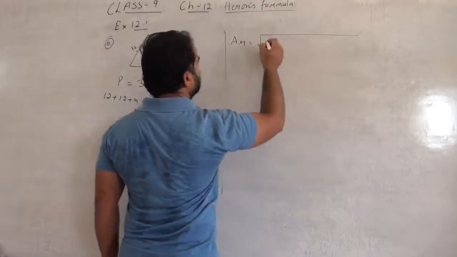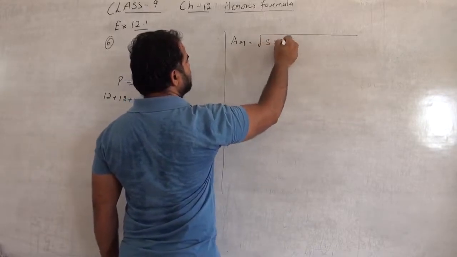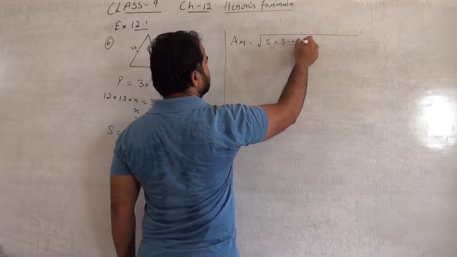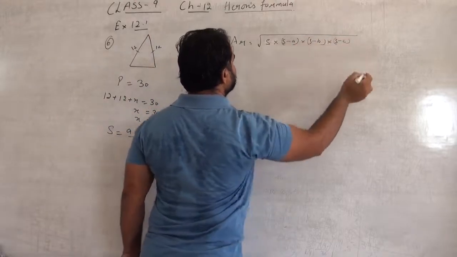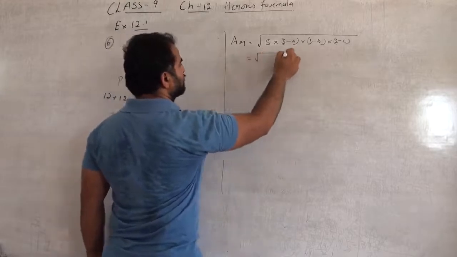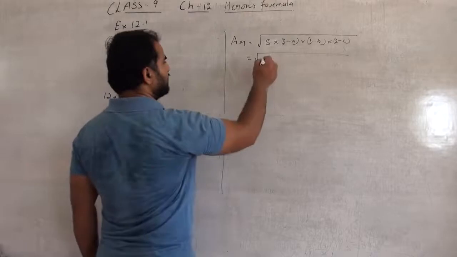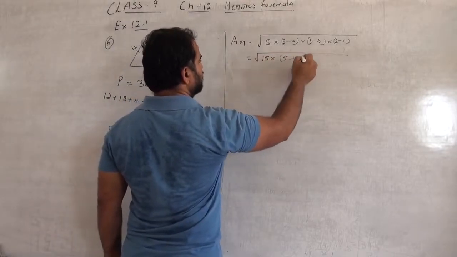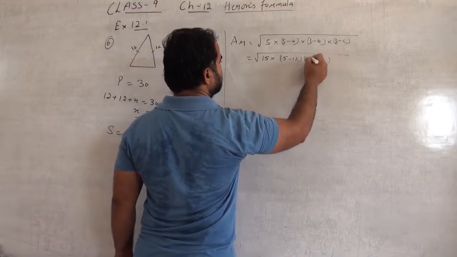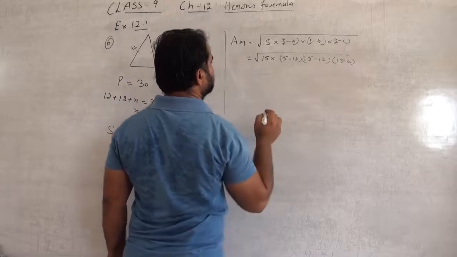root. First of all write the formula: root of S minus A, S minus B, S minus C. The value of S is 15, so it will be 15 minus 12, again 15 minus 12, and the third side was 15 minus 6.